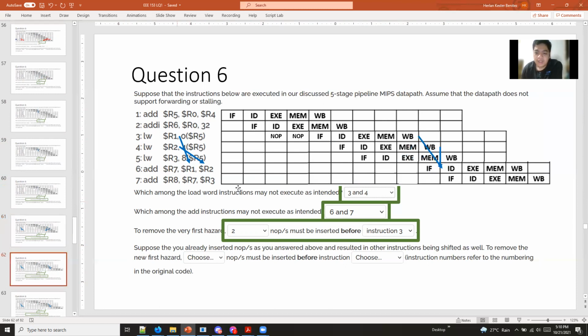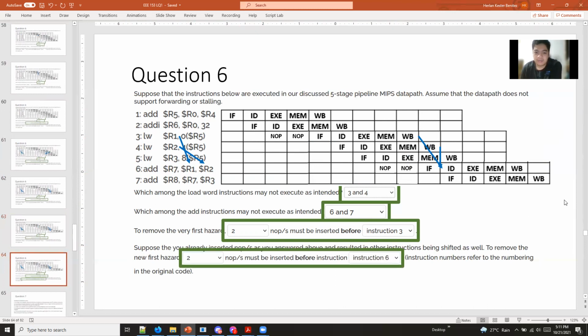Similarly, kailangan natin itapat yung write back doon sa ID nung 6. Of course, kailangan natin i-take into account yung latest na write back na kailangan, which is from instruction number 4. In this case, dalawang nop lang din yung kailangan para mapuno yung table. So dalawang nop operation before instruction 6.